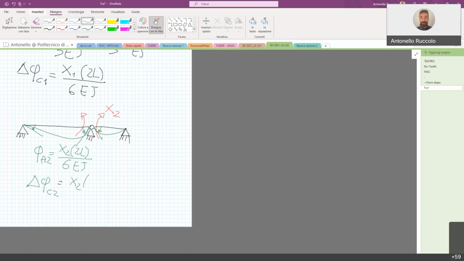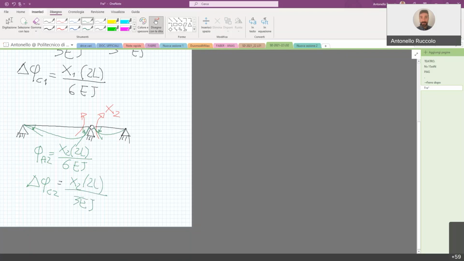So the rotation phi C, in the node C, in the first beam is x2 times 2L over 6 E iota.